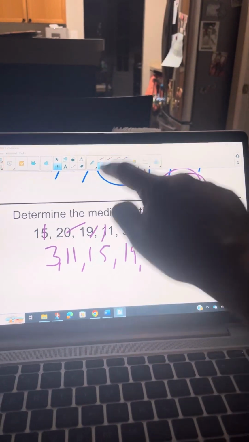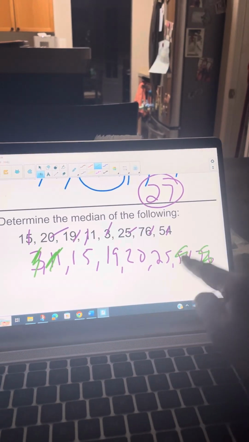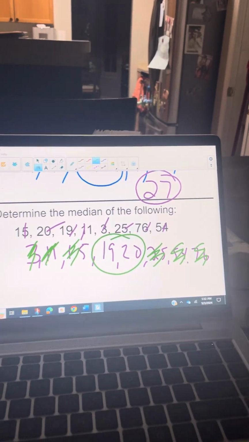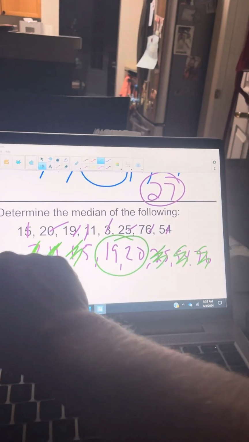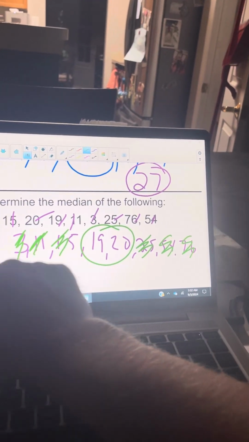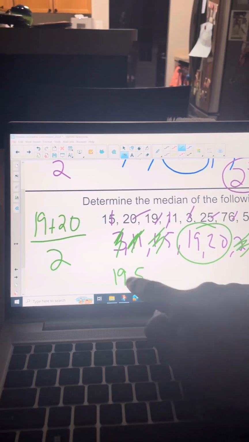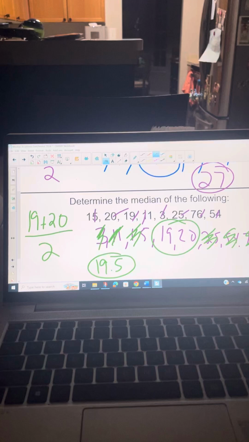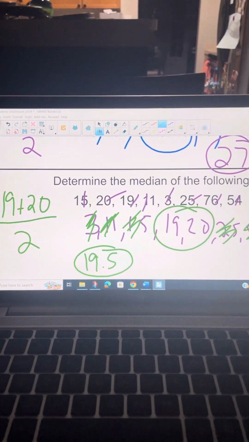Now as I start crossing off, smallest, largest, smallest, largest, smallest, largest. You'll notice I have 2 numbers left in the middle. So I would do 19 plus 20. I would get that answer, and I would divide it by 2, and it would give me a median of 19.5.